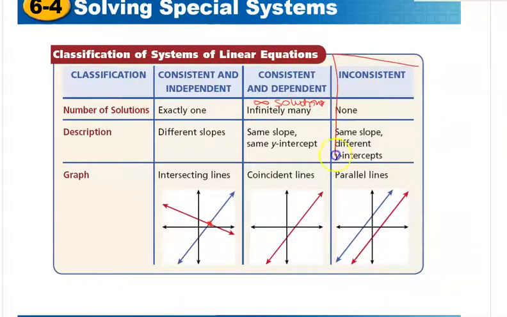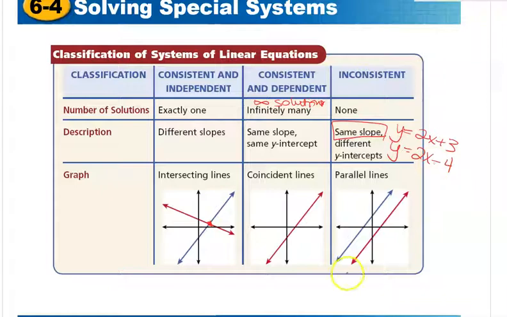Okay, and then you have your inconsistent, which would just be two parallel lines. They have the same slope. Okay, and now don't get confused with the same slope, because technically these both have the same slope, but this one has different y-intercepts. So if you have y equals 2x plus 3 and y equals 2x minus 4, see, same slope, different y-intercept.